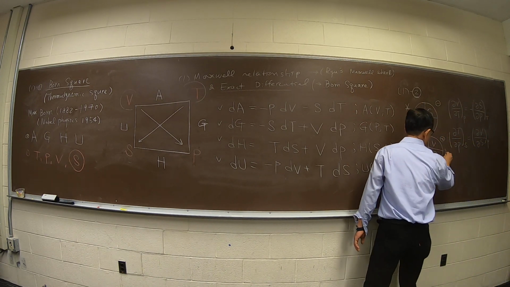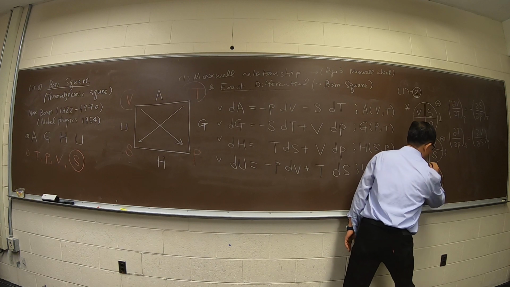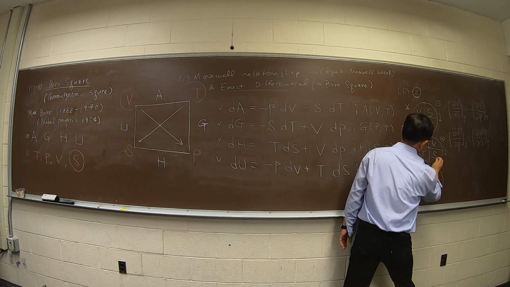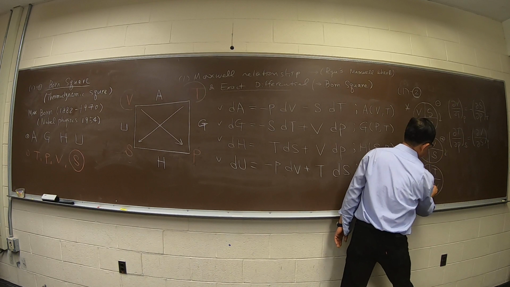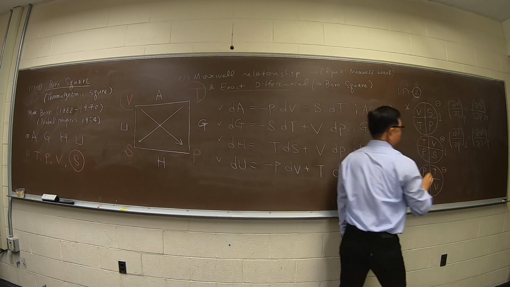And all you've got to do is keep on rotating this, okay? Third one, you do T goes here, volume goes there, S goes here, P goes up, and this one now negative.